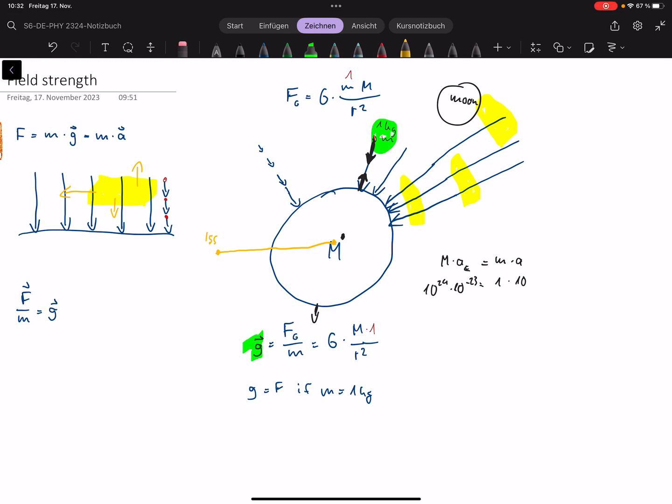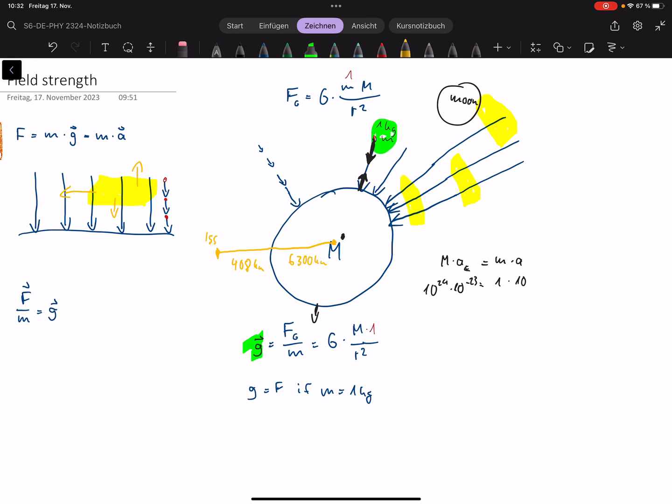Well, the ISS compared to the Earth is not very big. So if we say, for example, this is 408 kilometers, then we don't have to consider how big the ISS is, if it's 20 meters or 30 meters. That won't change our result in a significant way.